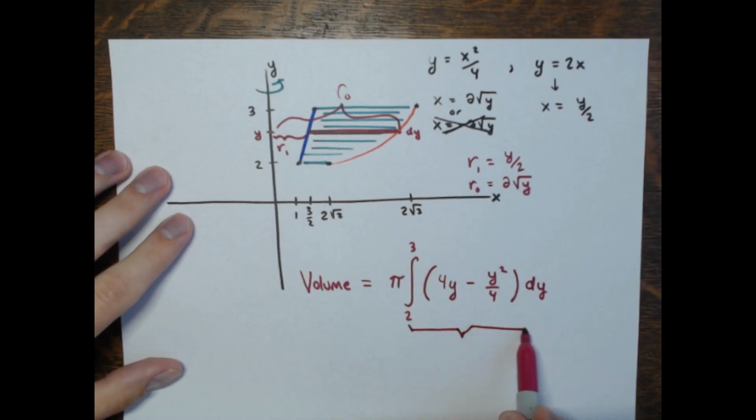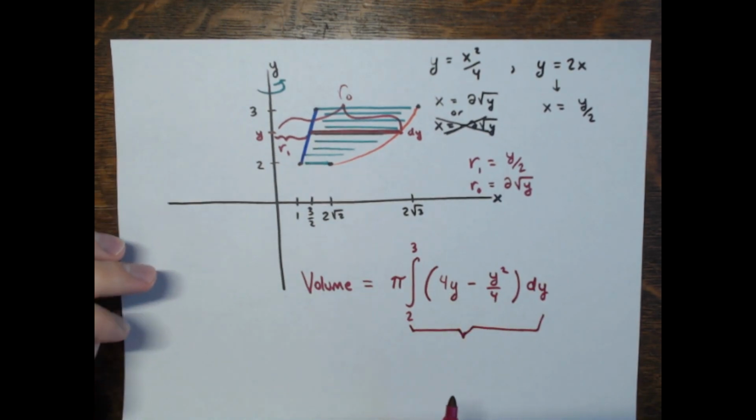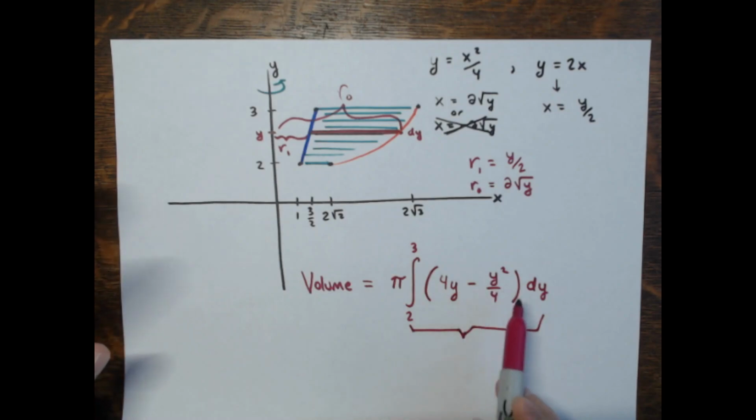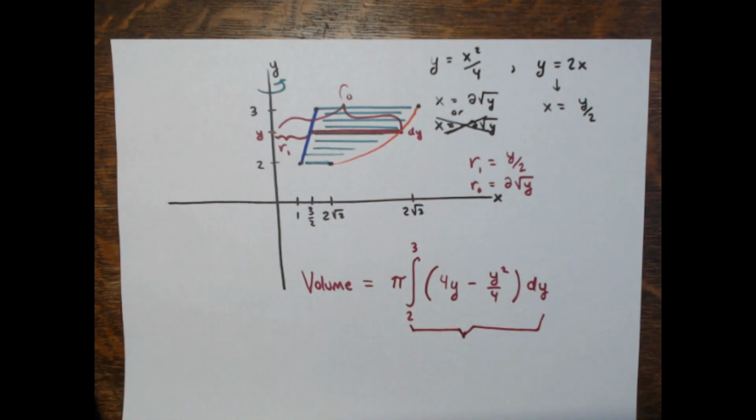Once again, this integral is a polynomial with rational limits and rational coefficients, so I know it's going to be rational. I'm just going to enter that into Desmos. You can do it yourself. It shouldn't take that long.